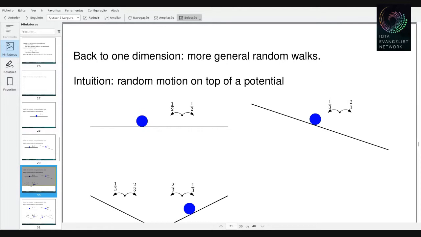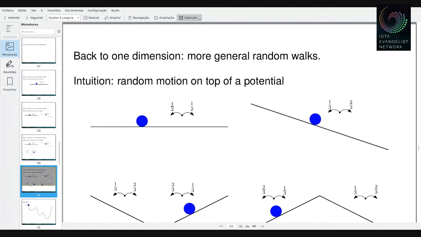So this drunken guy will drift to the bottom of this picture. And this is another, contrary situation. Here you have drift to the left, and here you have drift to the right. And then if he is here, he will have a tendency to go farther and farther from the center, and from here he will go to the right.